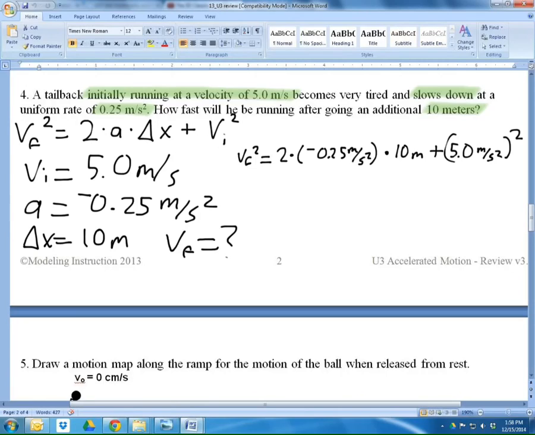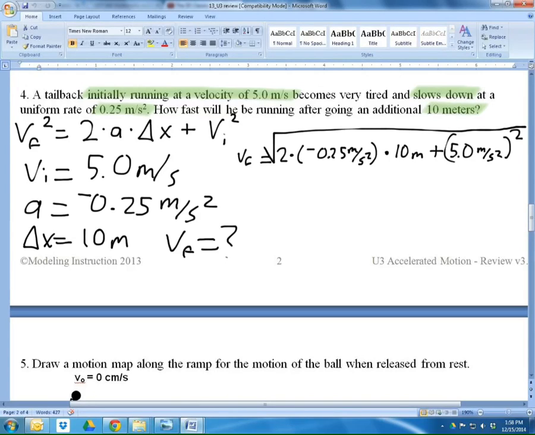Okay? Now, there's one slight problem with that, and that's going to be the squared up front here. So to actually get rid of that, obviously, to get rid of a square, I square root, but then I got to square root both sides. So to actually get the real answer, I have to erase that, and I have to square root this whole side.